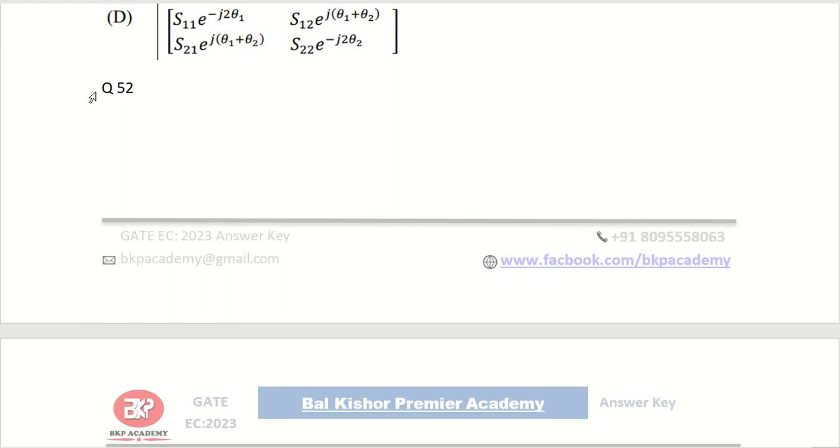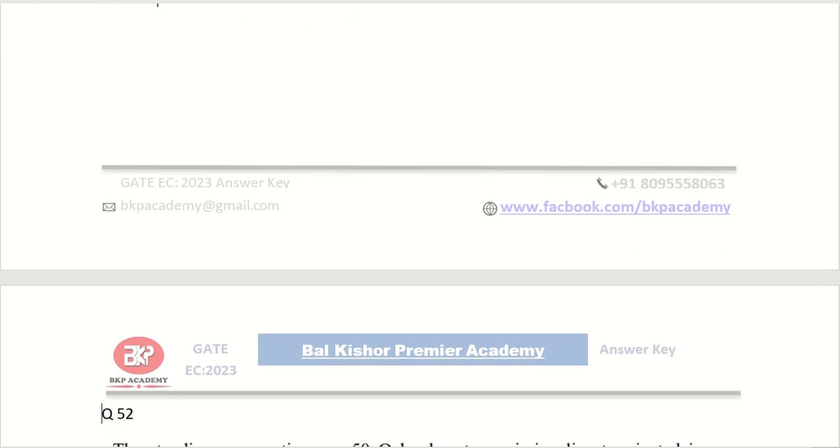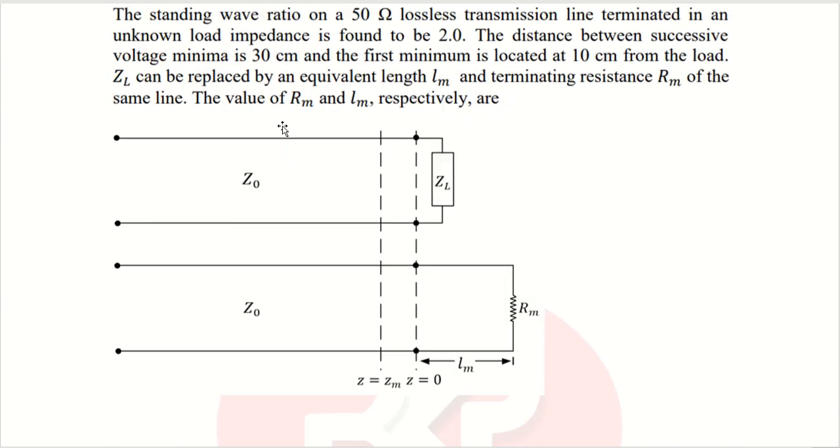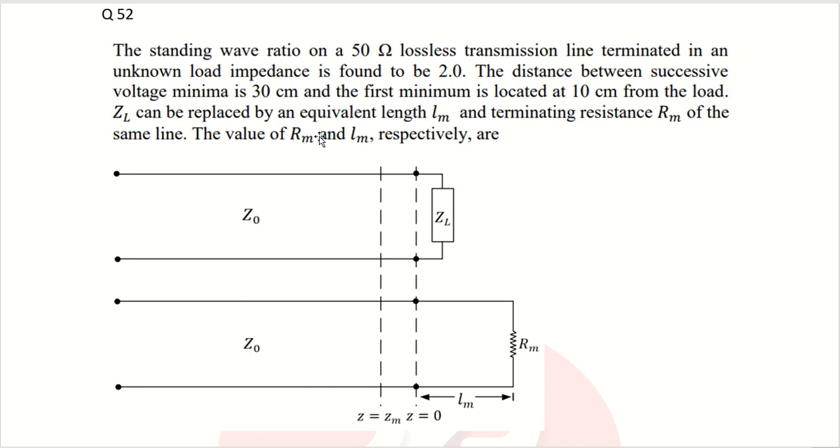Then coming to question number 52. It is on the standing wave ratio. This kind of questions I have solved directly in the classes. So I think in communication and EMT, none of the questions you would have left till now. Any question you could have solved very easily, as well as control systems, network theory, analog electronics questions, EDC questions.